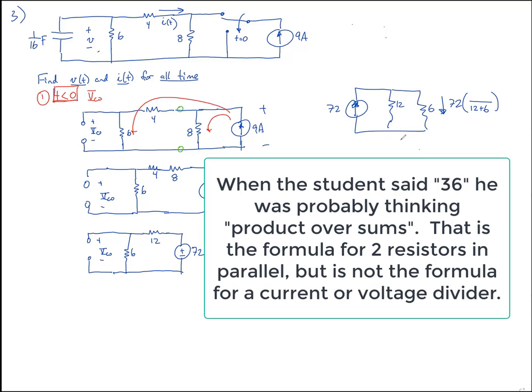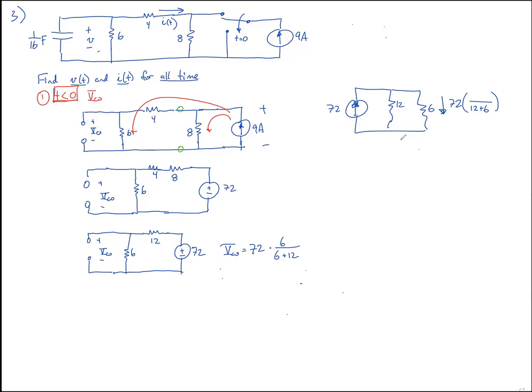This is a current divider. What goes in the top? Would it be the product? 12 times 6. You know, it's not the product, because think about it. If it's the product, then the units on the product would be ohms squared. The units on this are ohms. You'd end up getting the current is equal to amps times ohms. That's the voltage. That doesn't make sense.